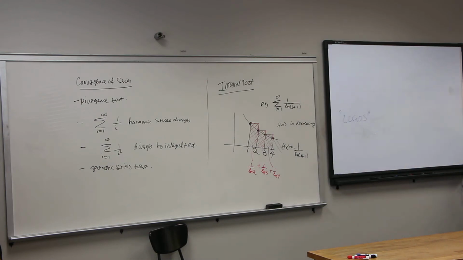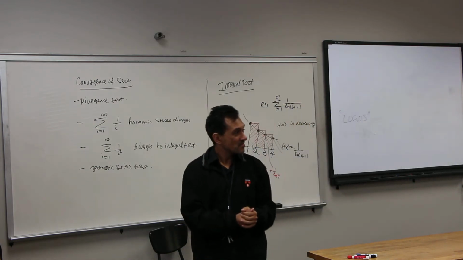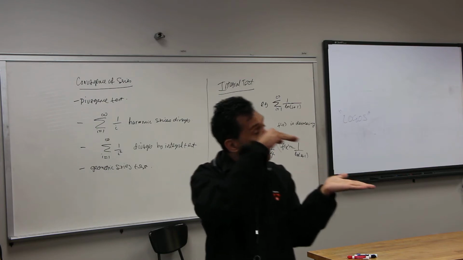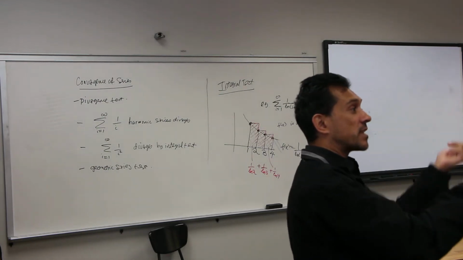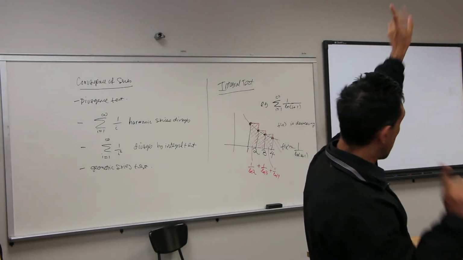There's some serious logic here. If you show that the area under your curve is infinite, then the area of anything above it, most certainly, is infinite.